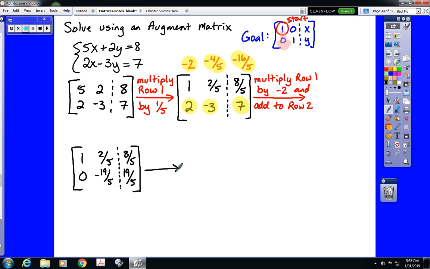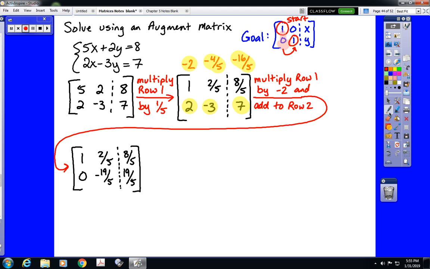So then, notice I'm writing what I'm doing each step. That is a requirement. That's what I expect to see in terms of work. So next, we need a 1 in the second row. So then we're going to move here and get that 1 next.